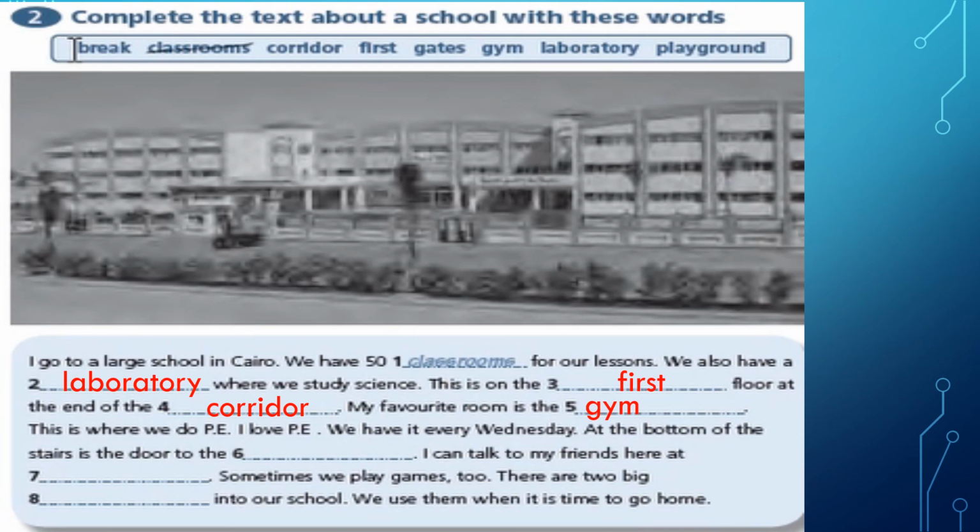We have here break, classrooms, corridor, first, gates, gym, laboratory, playground. Now you are going to fill in the spaces with these words individually, and let's listen to your answer.